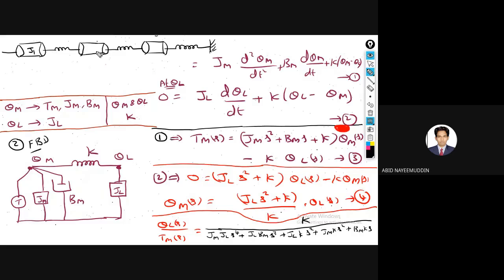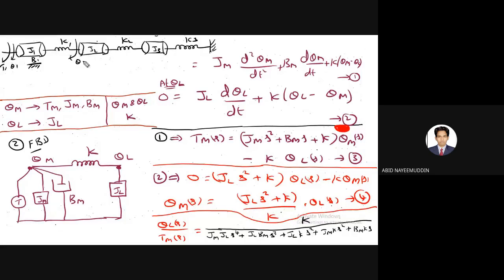So write the differential equations. J1, J2, J3, K1, K2, K3. Here T, theta 1, and then B1 with ground.